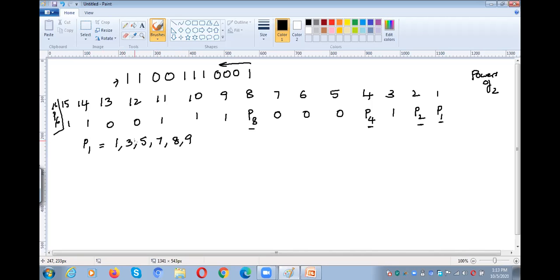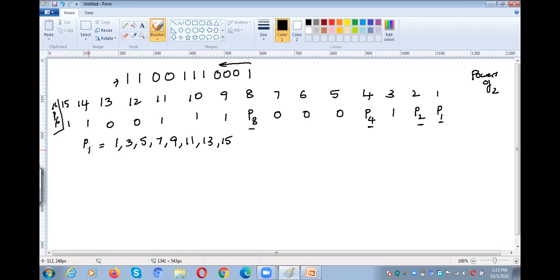Consider 3, leave 4. Consider 5, leave 6. Consider 7, leave 8. Consider 9, leave 10. Like that, you need to note it down up to 15 positions. Why? Because we have only 15 positions.